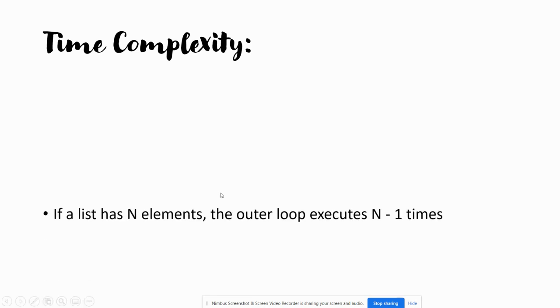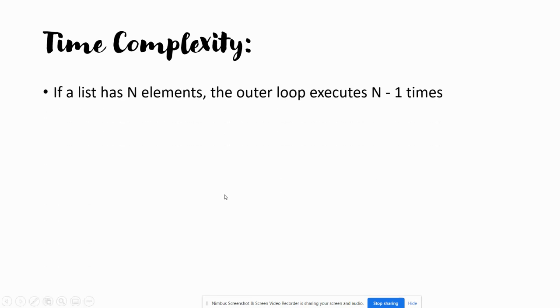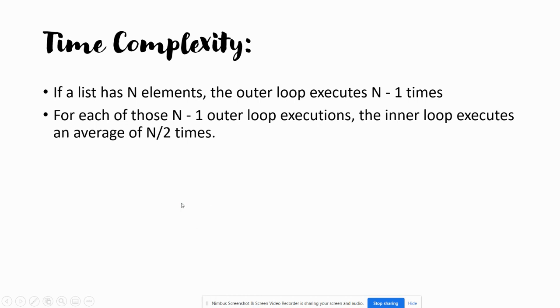So how? Let's say our list has n elements and the outer loop with the index variable i always executes n minus 1 times. If you have n elements, it goes up to n minus 1, because after index n minus 1 there are no additional elements to compare with. Now for each outer loop iteration, the inner loop executes on average n divided by 2 times.